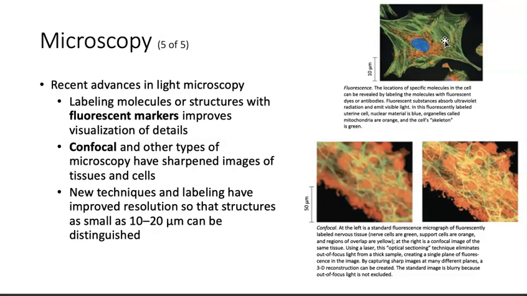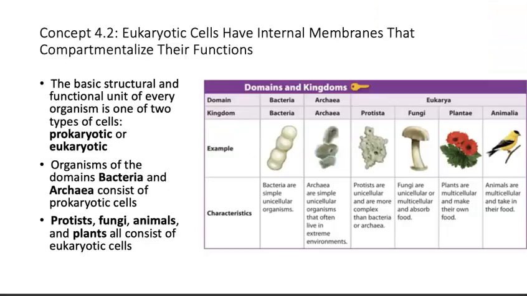We can also use confocal, which is a type of microscope that gives you really sharp images of tissues and cells. New techniques in labeling have allowed us to see structures using microscopes as small as 10 to 20 micrometers. So that's pretty cool.